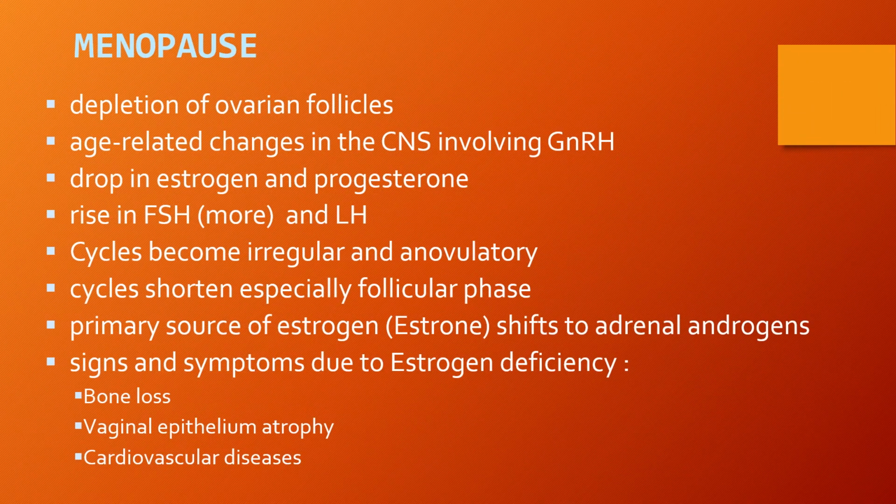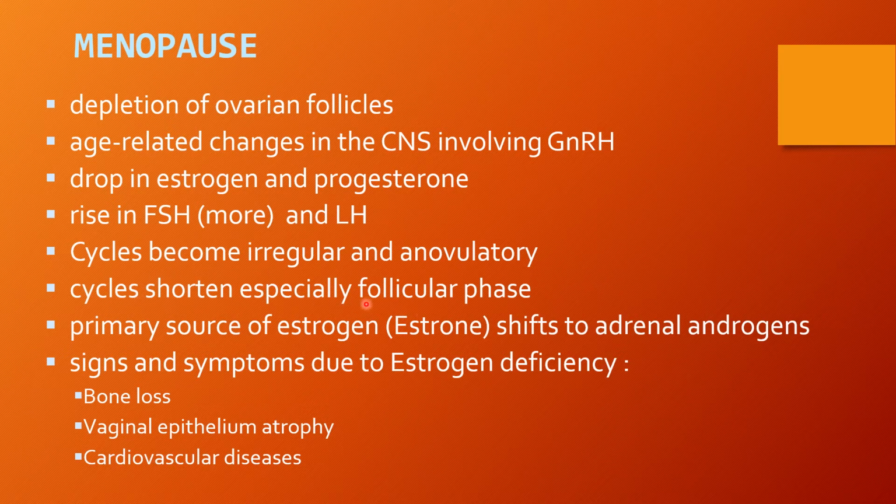So let's talk about the menopause. Okay. So menopause is the depletion of the ovarian follicles. It is age-related. Okay. There is a drop in estrogen and progesterone, and there's a rise in FSH, more of FSH than LH. So the menstrual cycle becomes irregular and anovulatory later on.